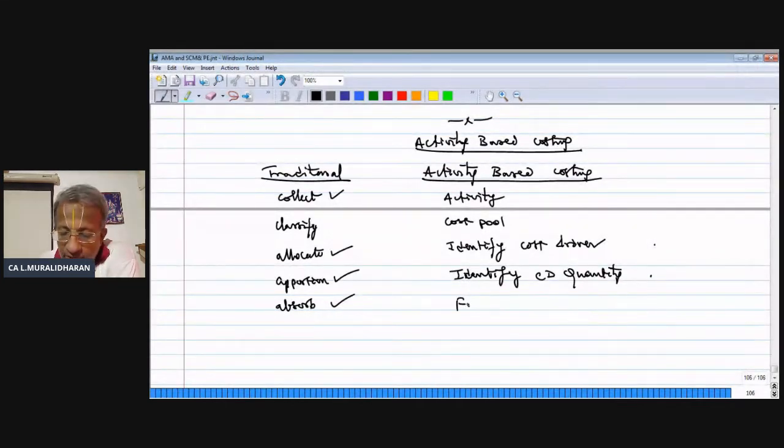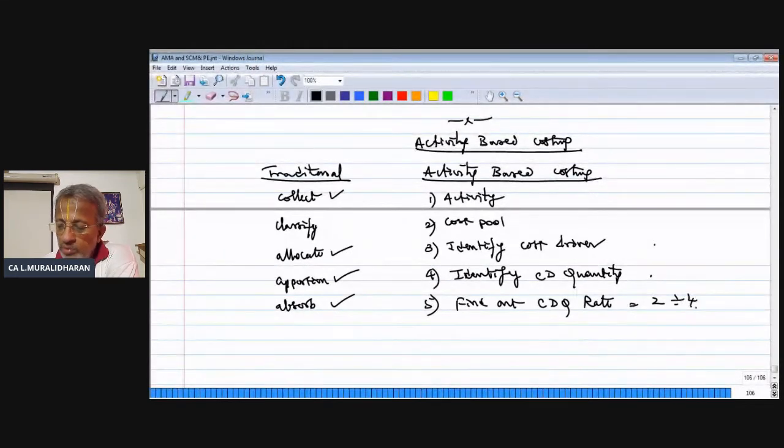Then find out cost driver quantity rate. How do we find out? If you consider all this in the form of steps, step number 5 is nothing but 2 divided by 4. That should give you cost driver quantity rate.